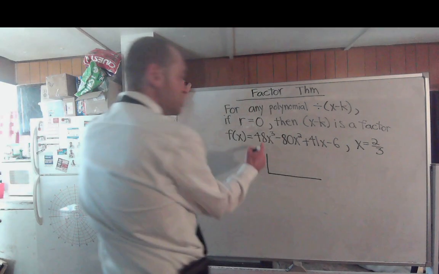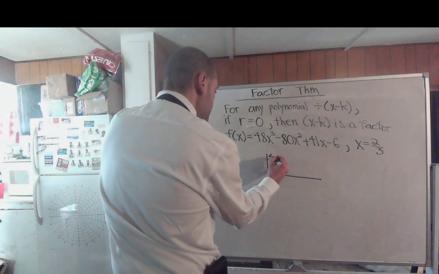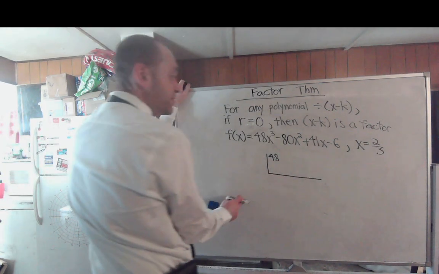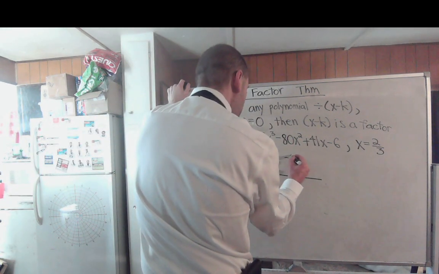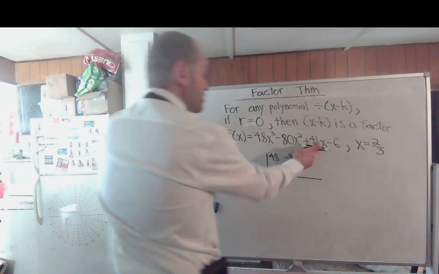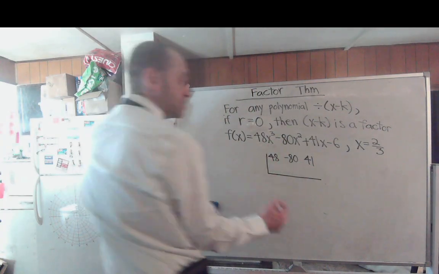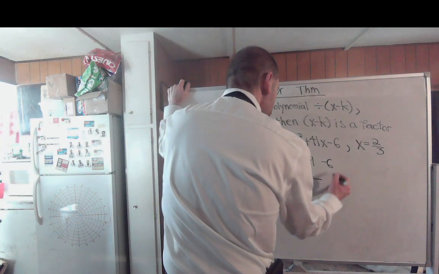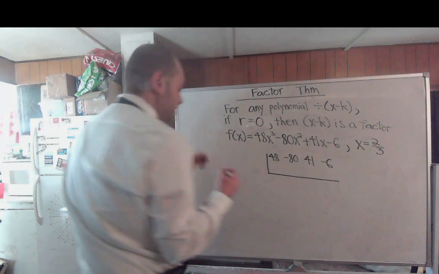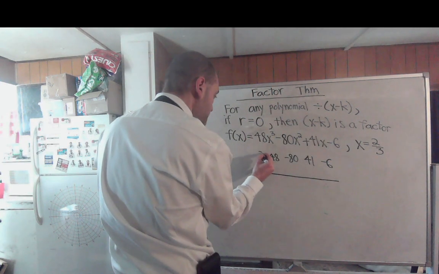So coefficient on x to the third is 48. Coefficient on x squared is negative 80. Coefficient on x to the first is positive 41. Constant term is negative 6. All right, all this divided by that 2/3.